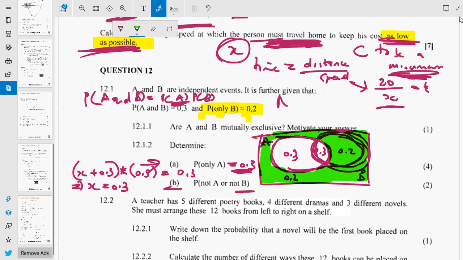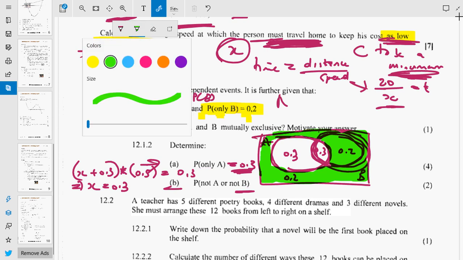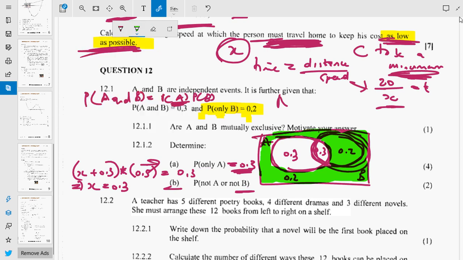And now we are going to shade everything that is not B. Now I'm shading everything that is not B. Now remember, or means everything.